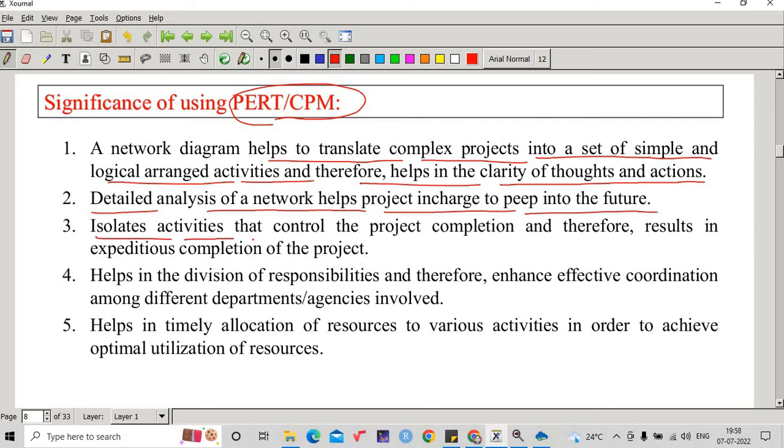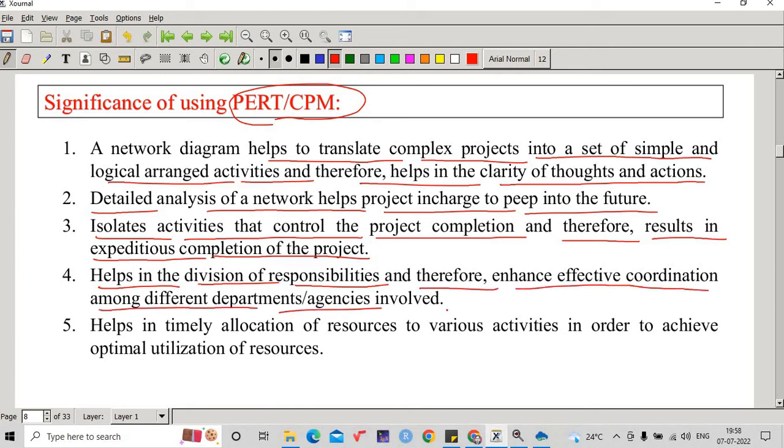It isolates activities that control the project completion and therefore results in expeditious completion of the project. It helps in division of responsibilities and therefore enhances the effective coordination among different departments and agencies involved.